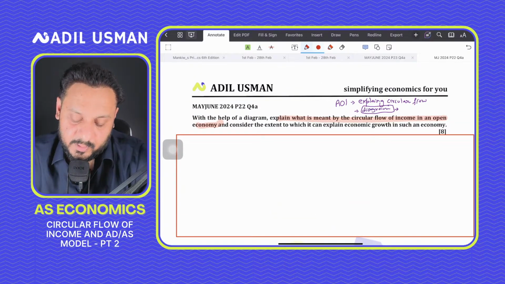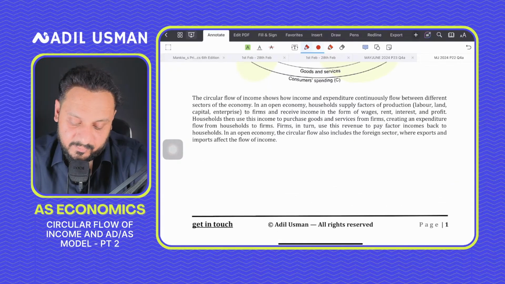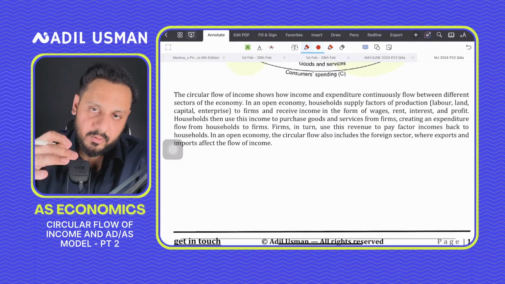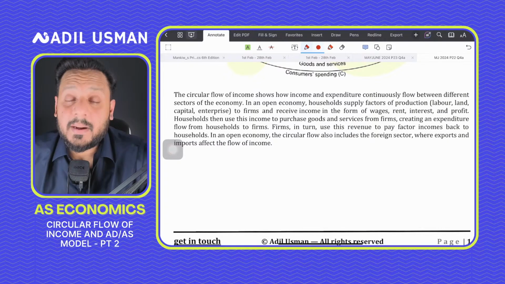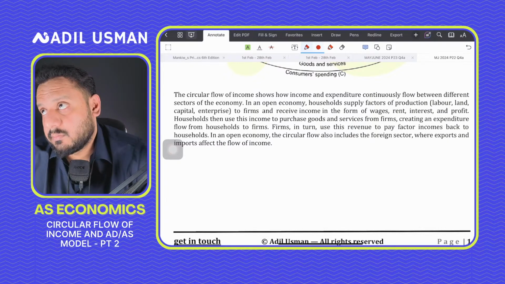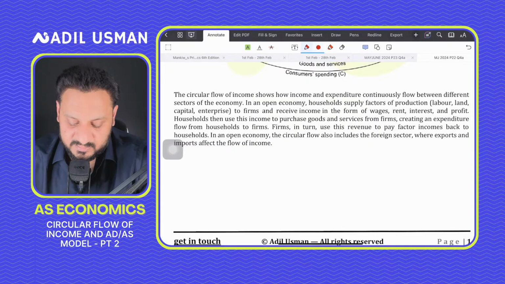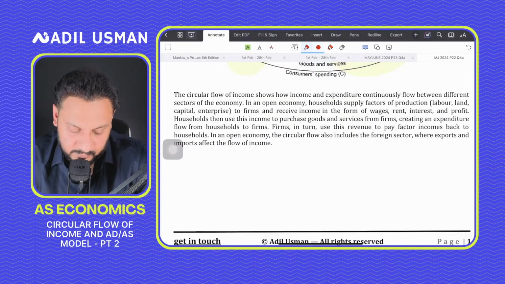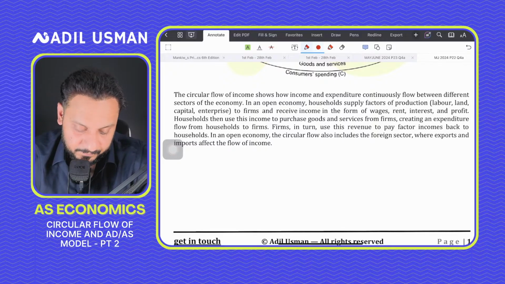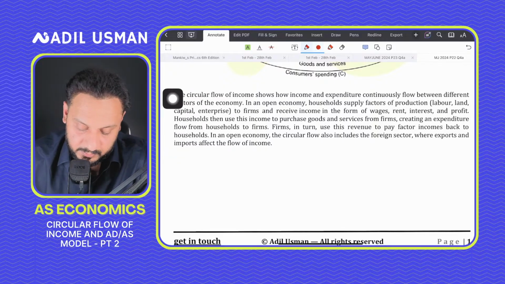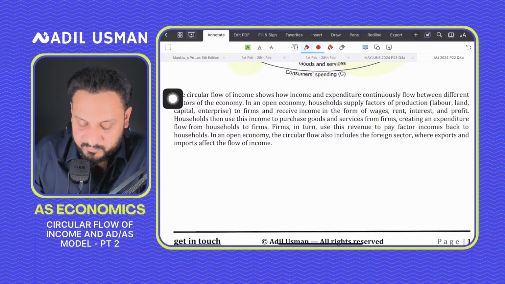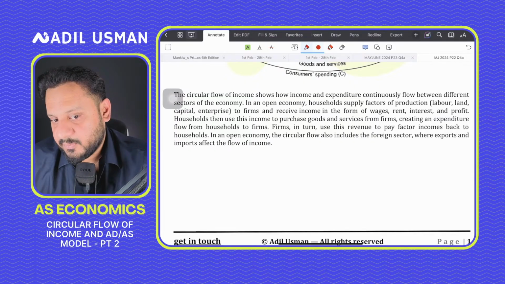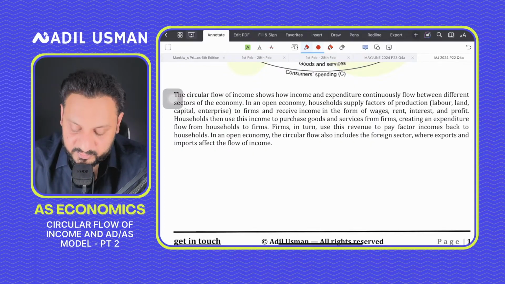So circular flow in an open economy is when you have expenditure flows by domestic residents on foreign goods and services, and you have income flows by foreign residents on domestic goods and services. So you just say that in an open economy, the circular flow includes the foreign sector, where exports and imports would affect the flows of income. You could mention that exports are counted as injections, while imports are counted as withdrawals and leakages.